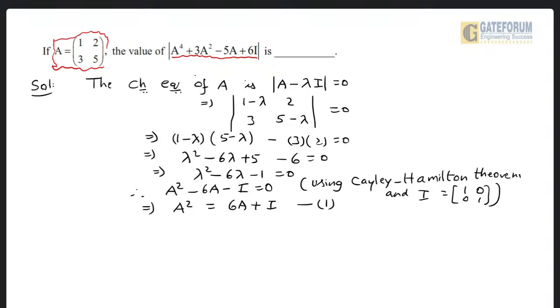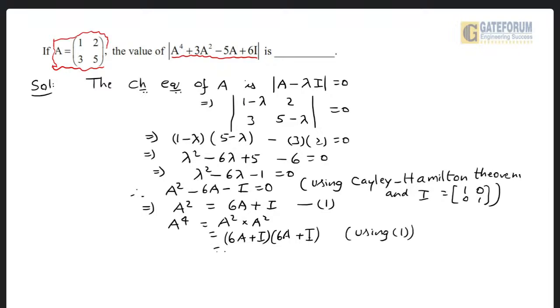Now, the next term to calculate is A power 4. A power 4 can be written as A square into A square. Each A square is replaced from equation 1, which gives 6A plus I into 6A plus I, because there is no A cube term.